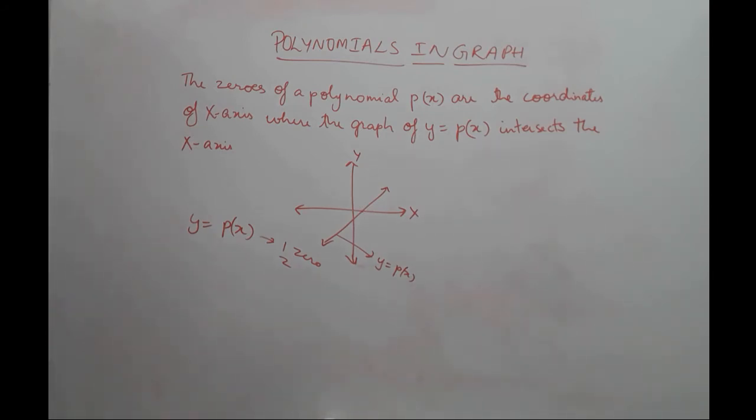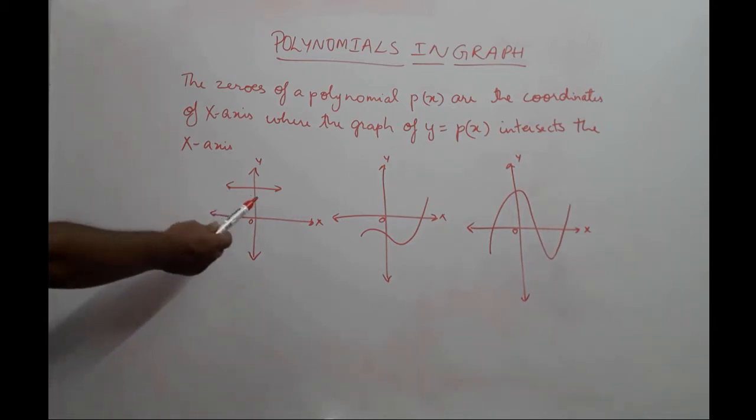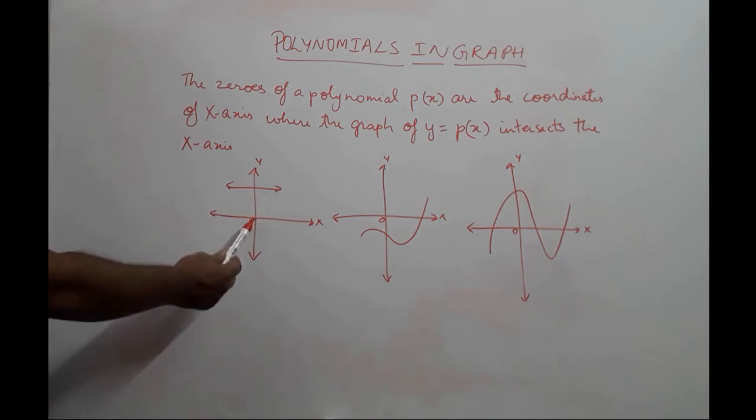Let us solve a few examples to understand this statement further. So we have 3 examples on our screen, and if you look at these 3 examples, you will find that you have 3 different graphs. In our first case over here, we see that this line intersects only the y-axis.